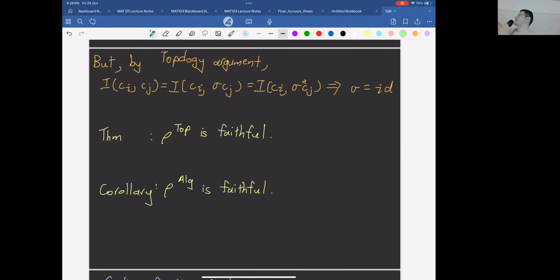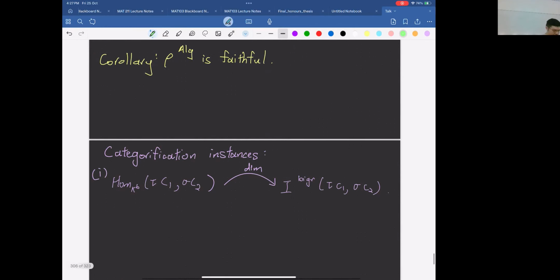In case this sigma is not identity, meaning that you have a non-trivial braid that gives you the same intersection, then this is not good. So the corollary is the algebraic action is also faithful. Use the equivalence of representation we had just now. It turns out that the topological one is easier, so we'll use it.